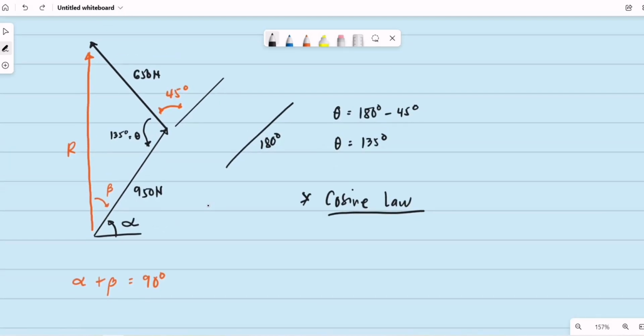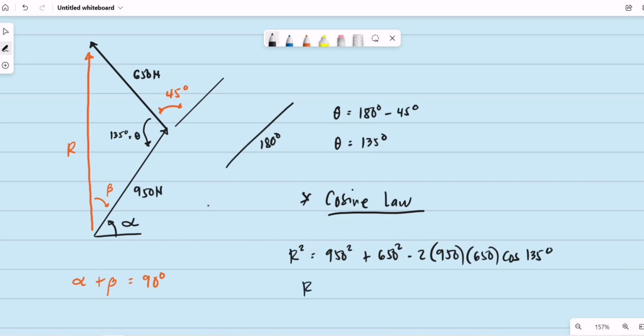Okay, so we have the resultant. The resultant squared is equal to the sides, 950 newtons squared plus 650 newtons squared, minus twice of 950 newtons multiplied by 650 newtons, and the included angle, that is the cosine of 135 degrees.